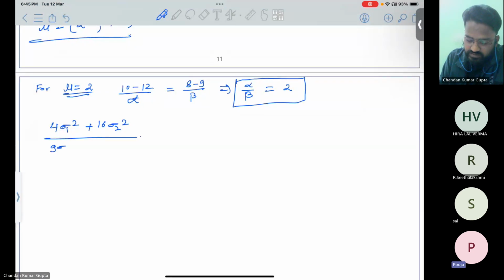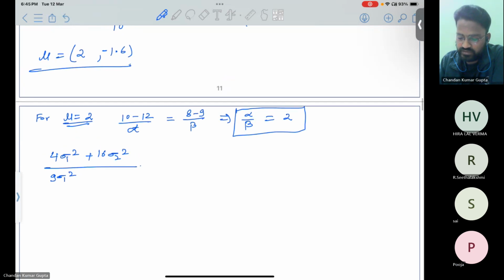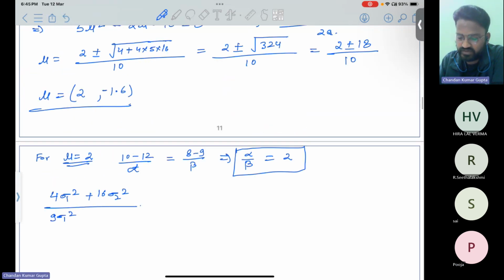Sir, I have a doubt. We take alpha equal to standard deviation, but 4 sigma 1 square plus 16 sigma 2 square is variance.